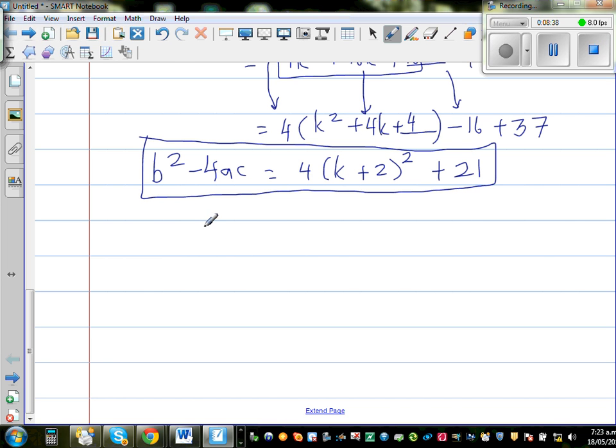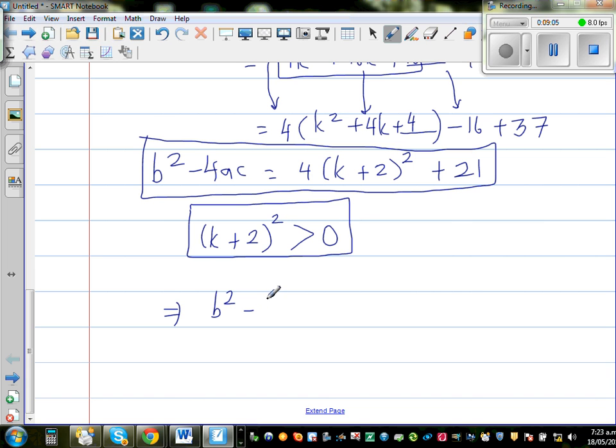So k plus 2 the whole squared is always greater than or equal to 0. If you square any number, negative or positive, it's always positive. Times 4, it's still positive. In short, this whole thing is always positive. This implies b squared minus 4ac is always greater than 0, which implies there are two real solutions.